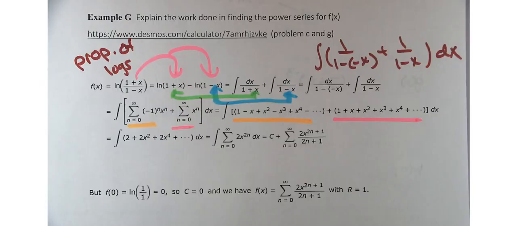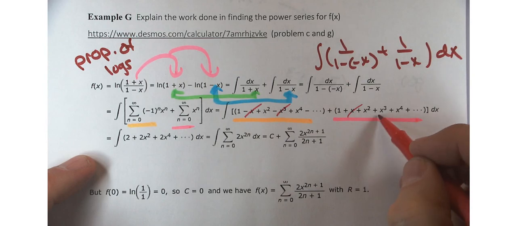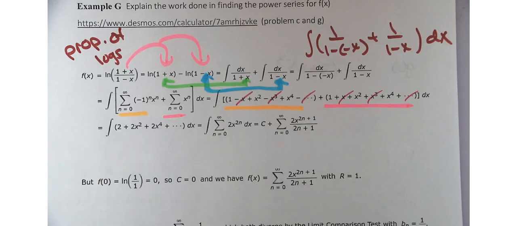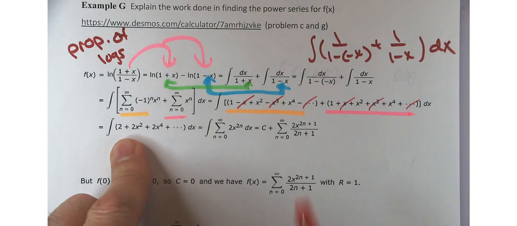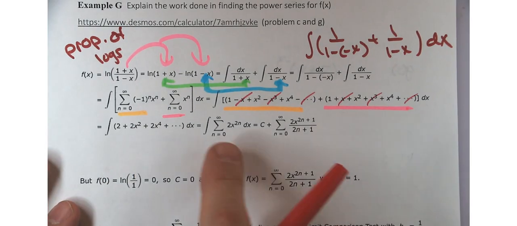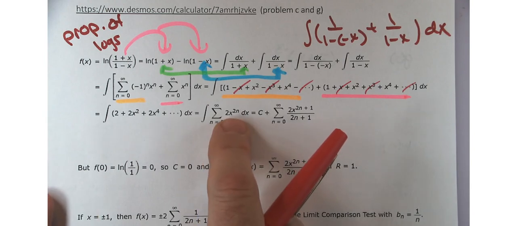So I get some cancellation here, and here, and then here, and so on. In fact, can you generalize what terms are going to cancel each other out? If it has an odd power, it's going to cancel out. If it has an even power, then you're going to get two of them. So that's what this series is here. You've got 2 and then 2x squared and then 2x to the fourth. So you can rewrite this as a sum of a series with the 2 there and an even exponent.